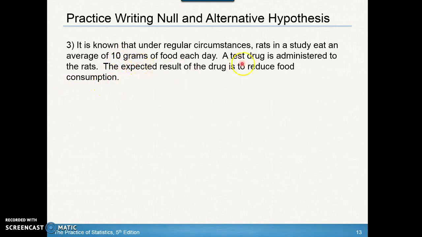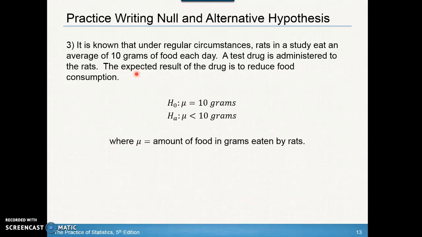Now also notice that we're making the null and alternative before they actually run the experiment, okay? So they're not using the experiment to then come up with a null and alternative. They're coming up with a null and alternative, then running the experiment, and then checking to see if their claim was true.